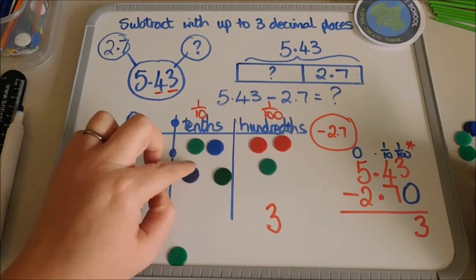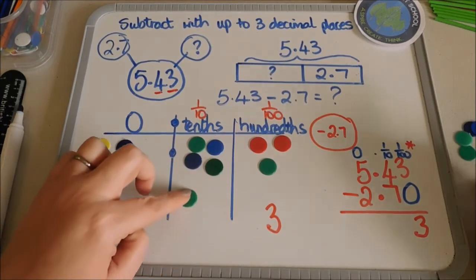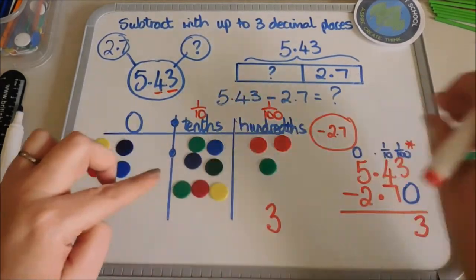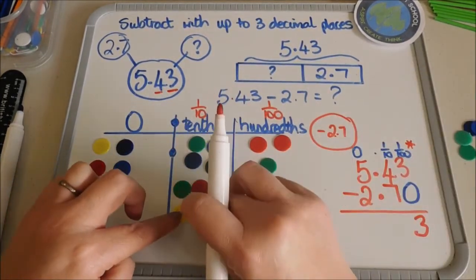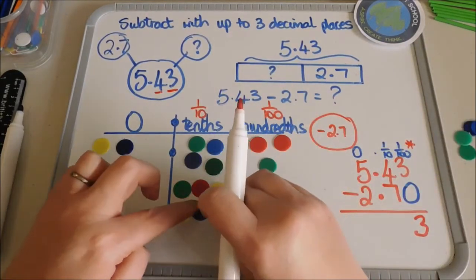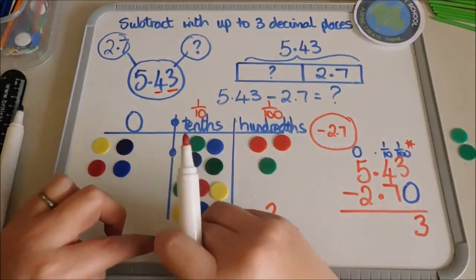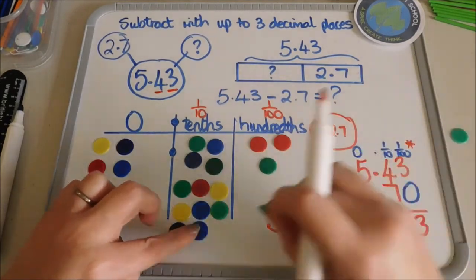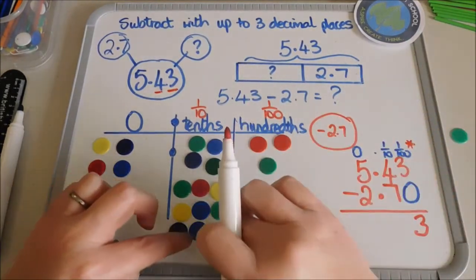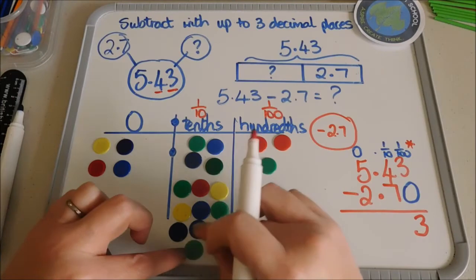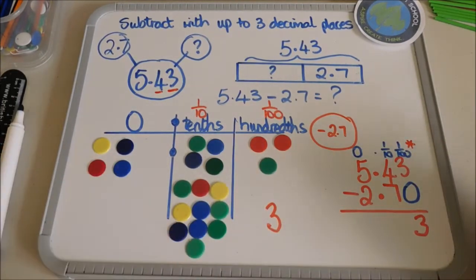So I'm going to put in 10. 1, 2, 3, 4, 5, 6, 7, 8, 9, 10. Okay, all right, so we have exchanged now.